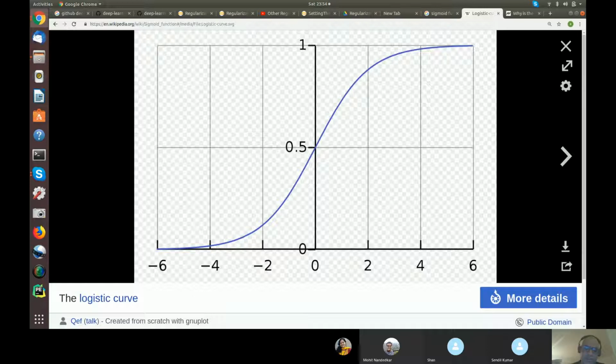So the L2 regularization forces these weights to not go too high and sort of remain closer to their initial states. That makes it stay in this range, which is close to 0.5, where the function is fairly linear.